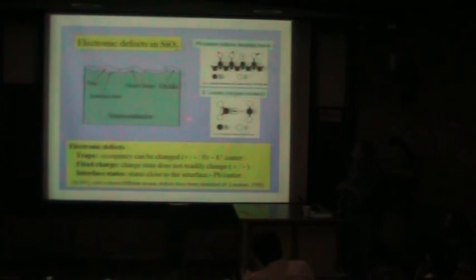So just as a quick illustration, what are these electronic defects, say in silicon dioxide, that has been the primary gate material in silicon devices for about 40 years? Well, there are several types of defects. There's traps that are constantly charged, traps that are near the interface, and traps that exchange charge with the bulk. And in many cases, probably Christoph talked about these centers, Pb centers, which are basically just a silicon that is not bonded to an oxygen, and there's this one electron in the dangling bond there.